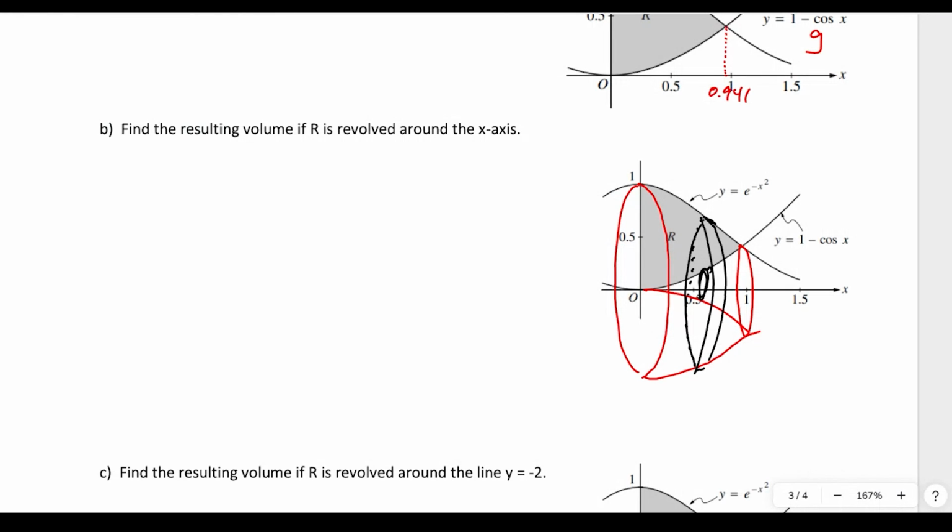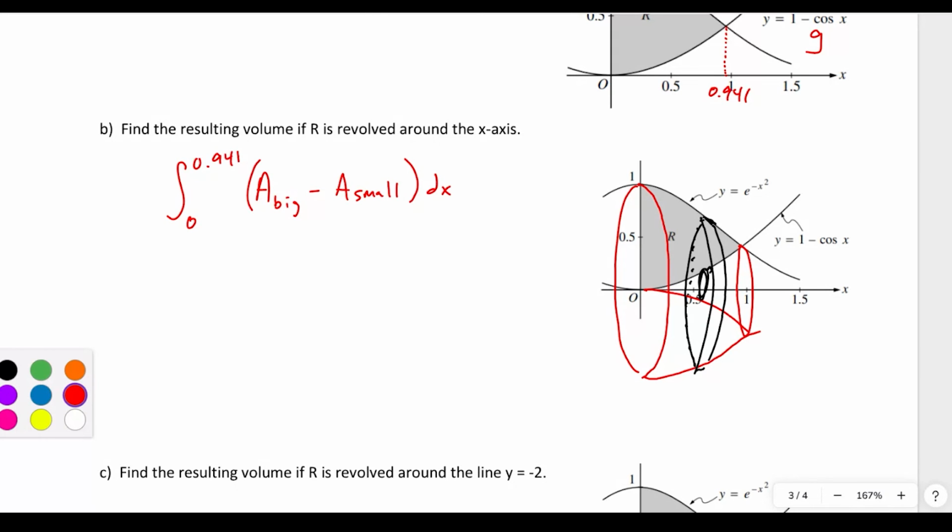And so technically this is going to be a washer-style problem. So we go from 0 to 0.941, the area of the big minus the area of the small, dx. Okay, so it's going to be pi R squared minus pi r squared, where the large R is going to be defined by that top function, and little r will be defined by the lower function.